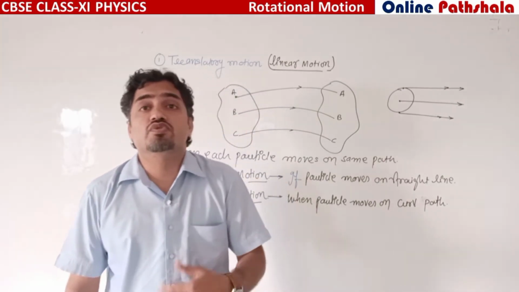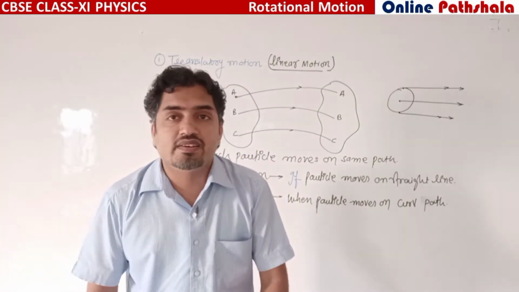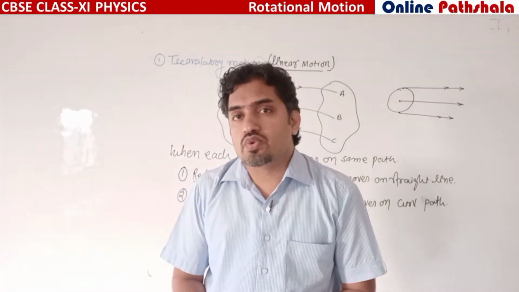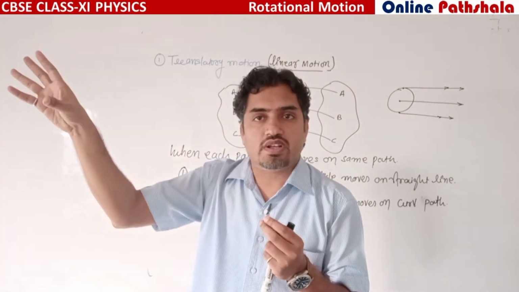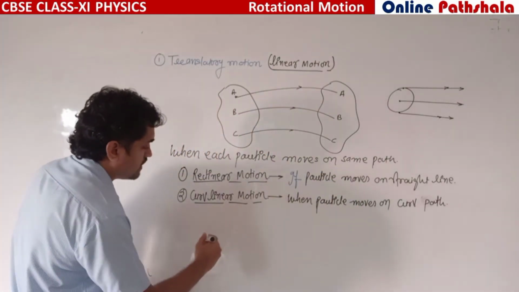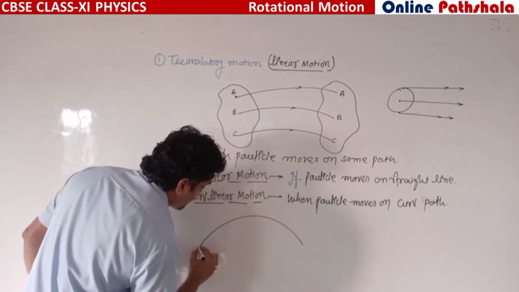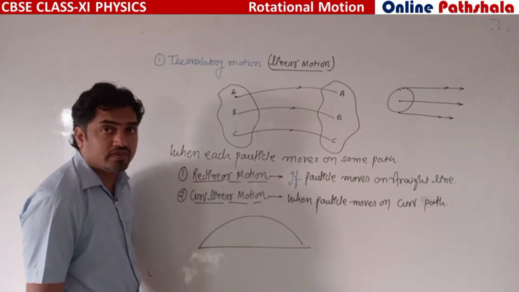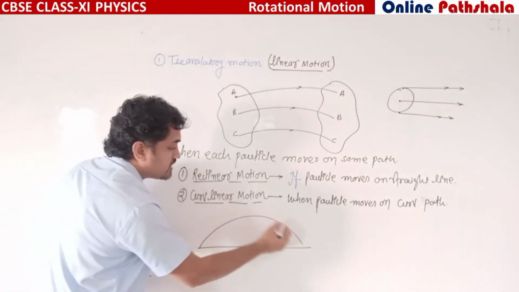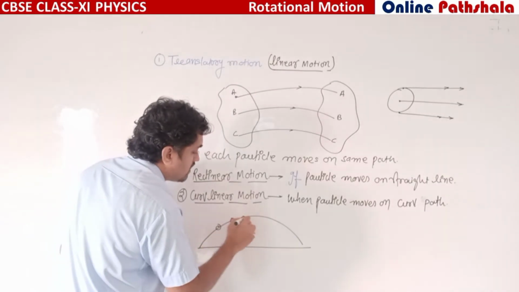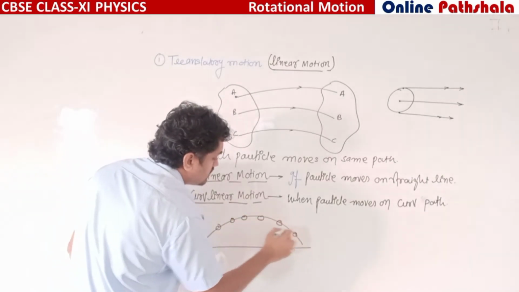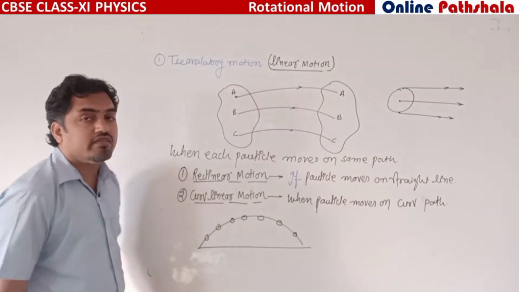When a particle moves on a curved path, like if you are throwing a stone at some angle with the horizontal, it is called projectile motion, you know very well. So it is the curved path of the stone. It is called curvilinear motion.